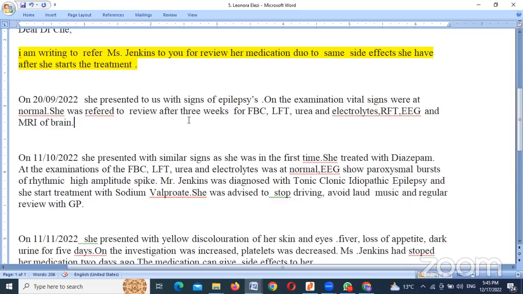Okay, so we need improvement. New to OET means it's not the typical OET style that we commonly use. I'm going to refer Mr. Anakin to you. No need for "to you".